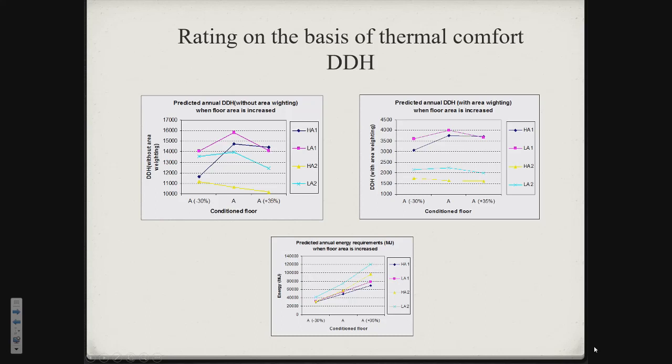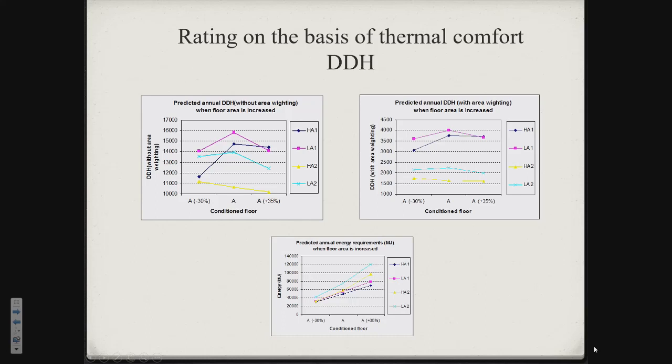That means 2 hours with 1 degree higher or lower than the comfort zone is equal to 1 hour with 2 degrees higher or lower. It looks to be more accurate, and Richard de Dear, who is a top thermal comfort expert, accepted this one is better.